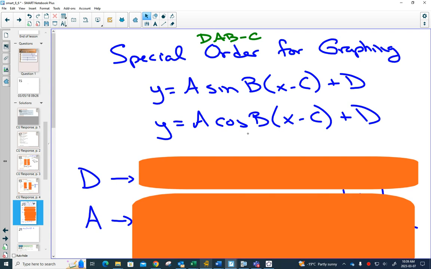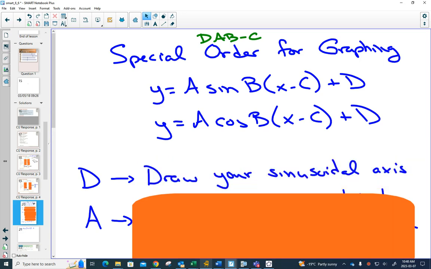It's a little bit different than transformations because transformations, we always did all of our stretches and compressions first and translations last. But because of patterns that happen within this, we can use the following strategy. We can start with our D value. Our D value changes your center line.